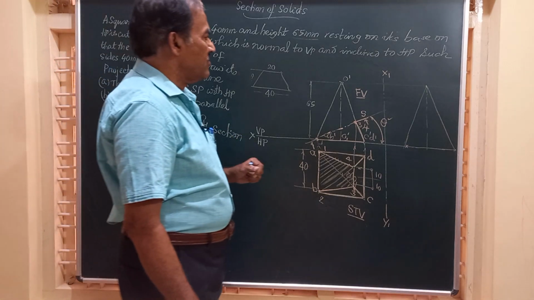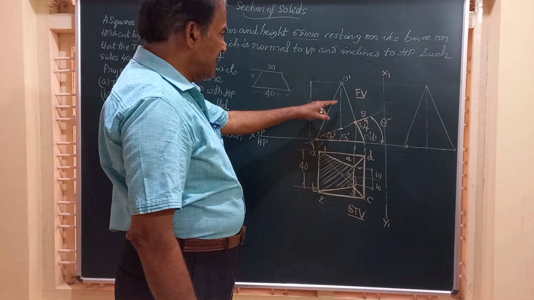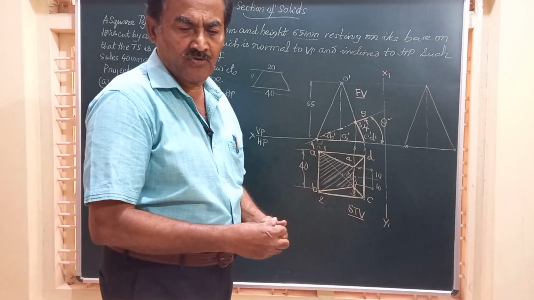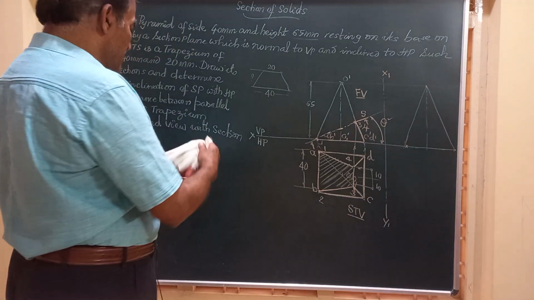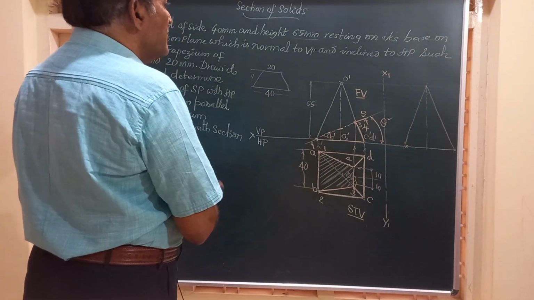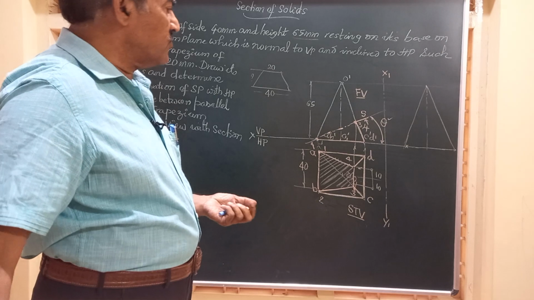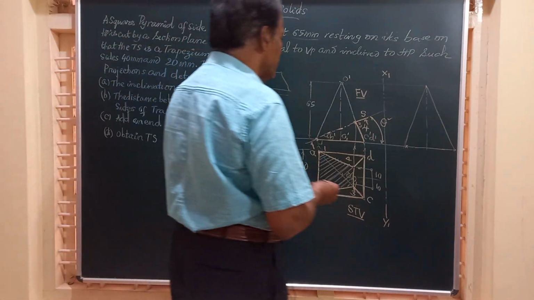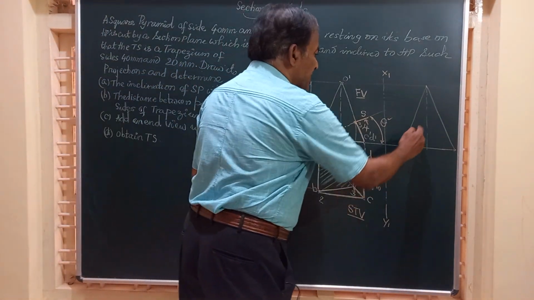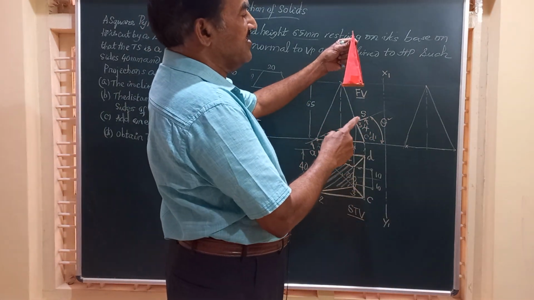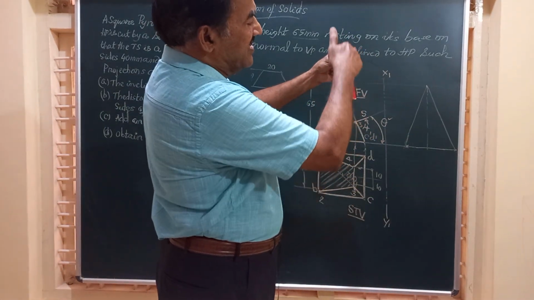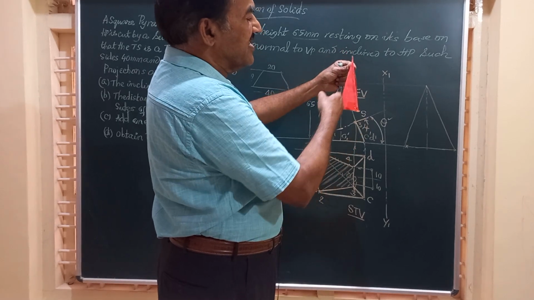Then friends, now after getting the front view and sectional top view, we are also asked to find out the sectional end view of the solid. Friends, to obtain the sectional end view, we have to obtain the end view. See friends, in case of a square pyramid, the front view and the end view will have similar triangles.